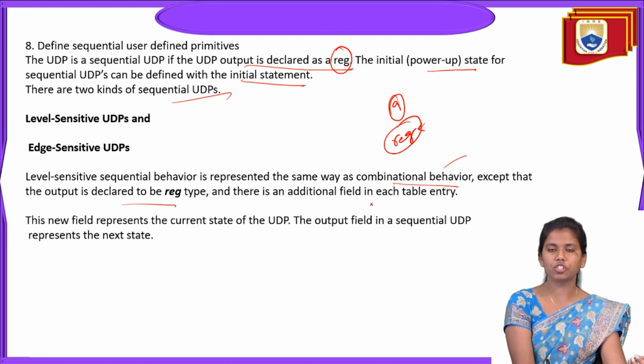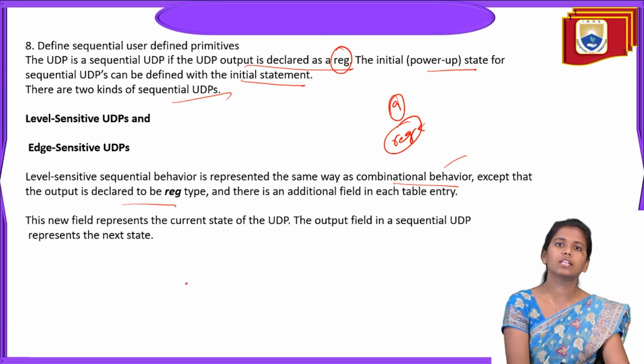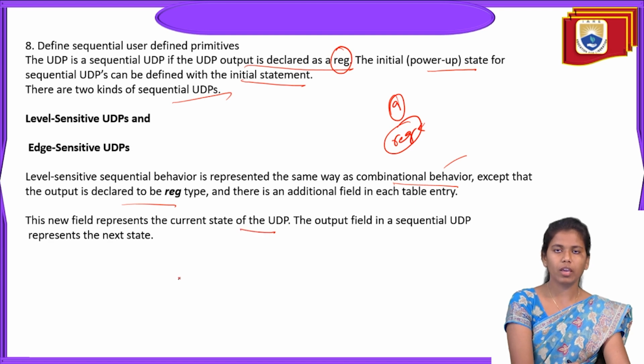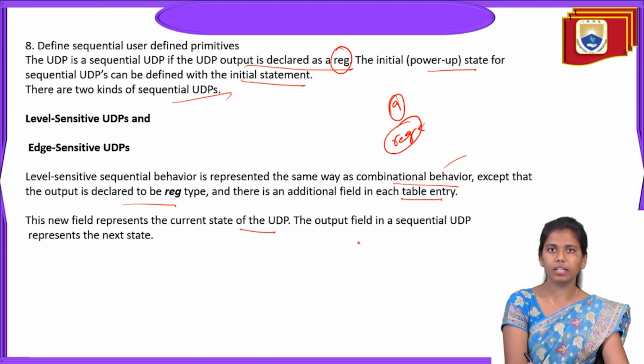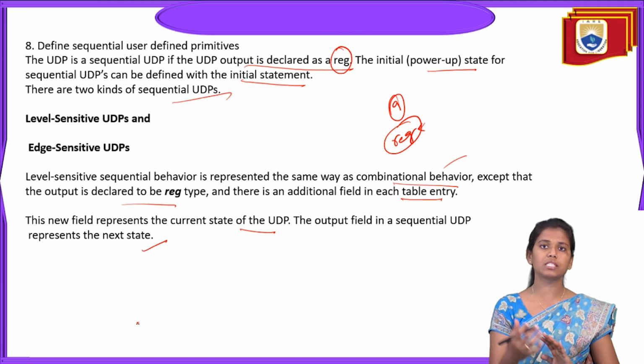Then there is an additional field in each table entry for the level sensitive UDP. This new field represents the current state of the UDP, and the output field in the sequential UDP represents the next state.